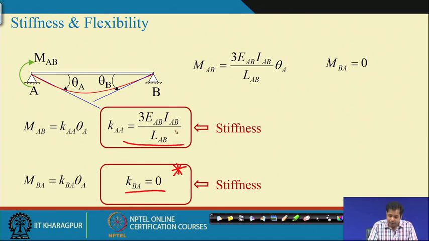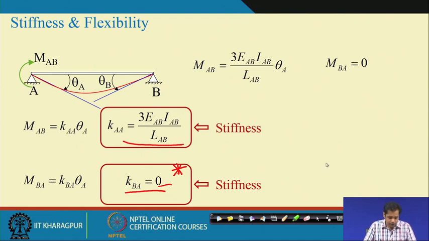Similarly, by 1 by stiffness you can get the flexibility, but you may ask that 1 by K gives flexibility as infinite. As I said, there is a purpose why I intentionally wrote KBA is equal to 0. We will come to this point again in this course, and we will see what is the interpretation of stiffness being 0. Okay.